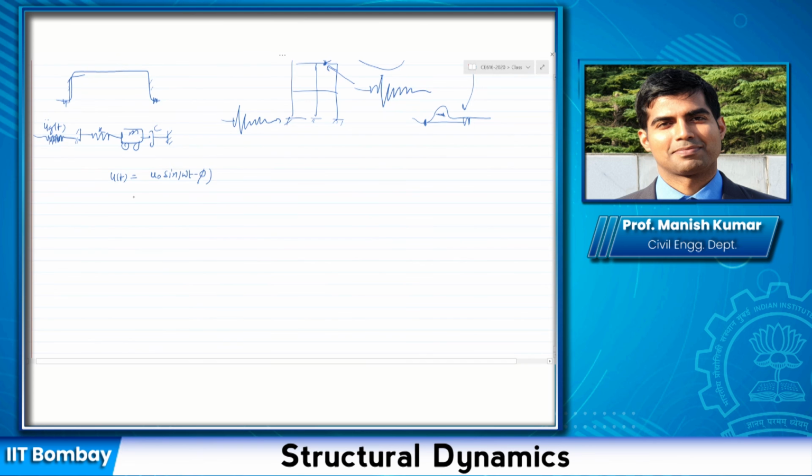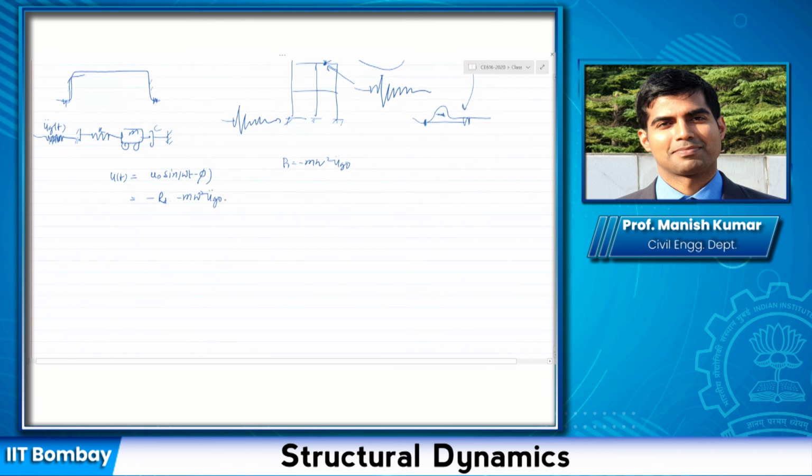And this u naught I can write as Rd times m omega square. Here in this case, p naught was minus m omega square ug double dot.